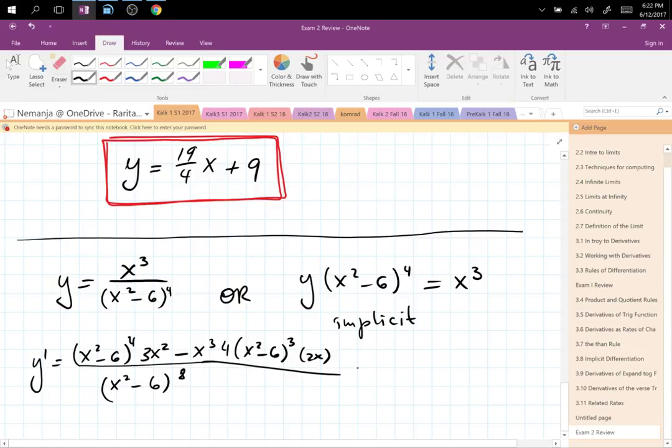So that takes forever. If you learn logarithmic differentiation, that stuff is designed to make a joke out of these kind of derivatives. But then if you don't learn it, then you will have to struggle one way or another.